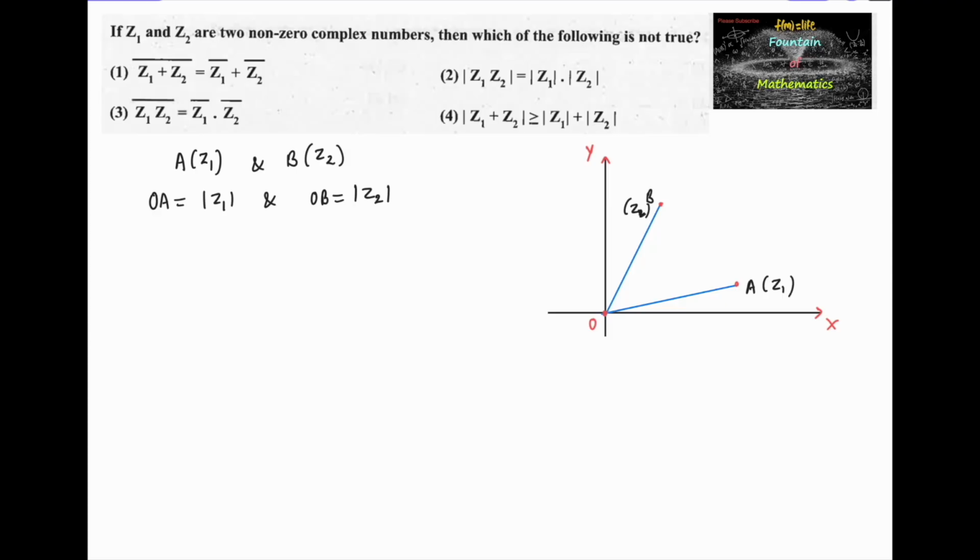Let us consider its resultant to be OC. C is the point which represents the complex number Z1 plus Z2, mod of Z1 plus Z2.